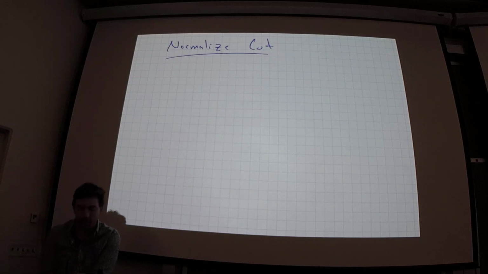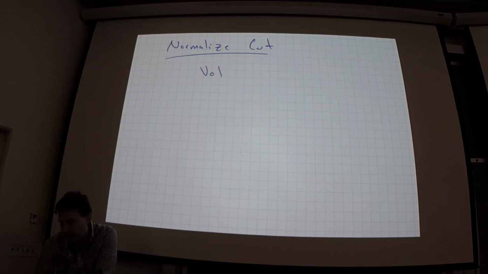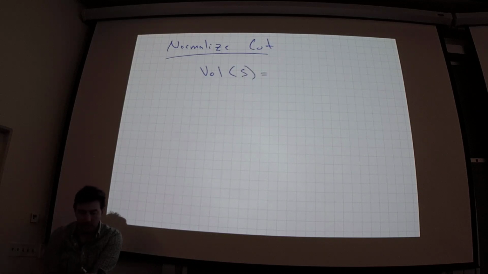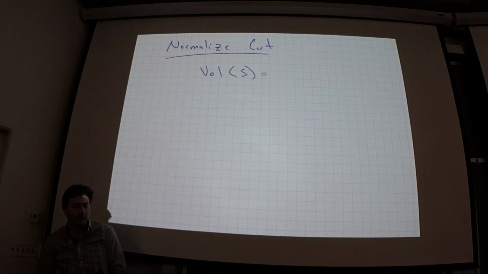So what we typically want to do is what's called the normalized cut instead. And so I want to introduce this other thing that's typically called the volume of S. Okay, and the volume of S is also going to be measured by the edges again.